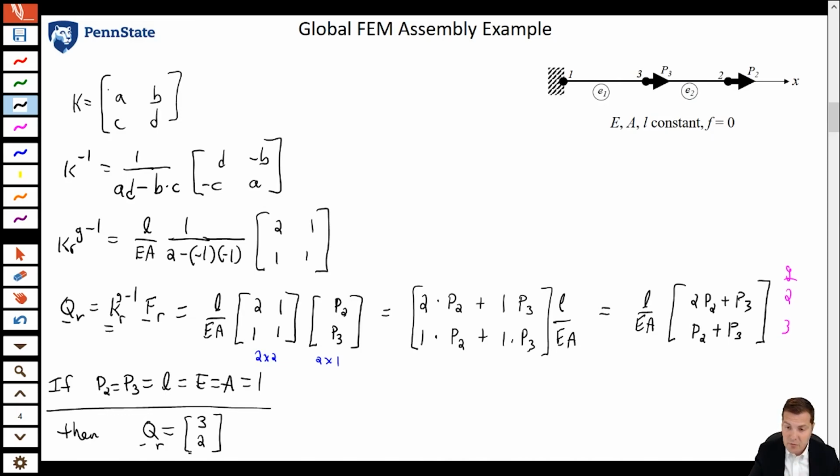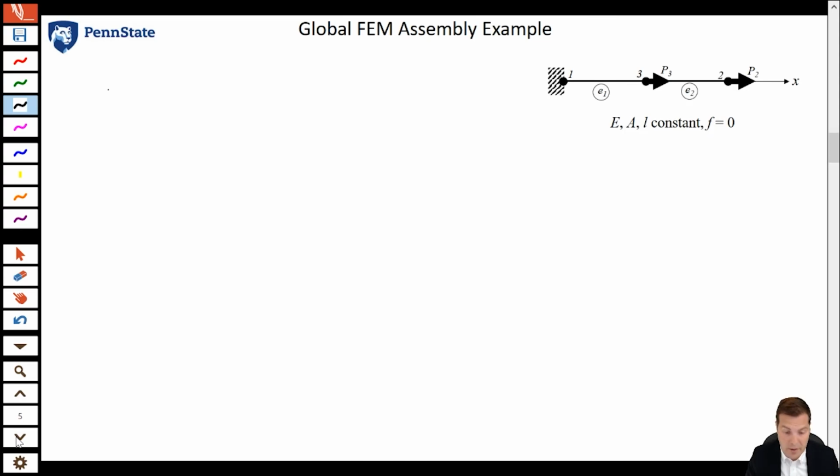All right, so now that we have displacements, we can get to strain and stress. So let's write those out quickly. We have Q is equal to, now this is the entire global displacement vector, 0, 3, and 2. That 0 is known from the boundary conditions. We have epsilon equal to BQ, right?